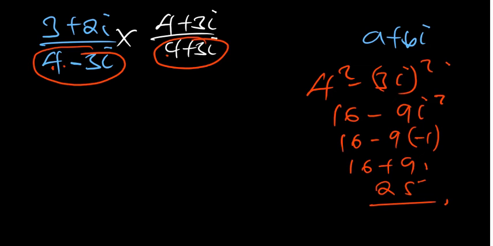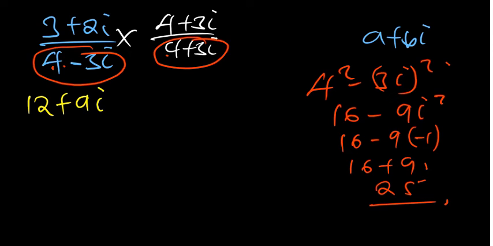So we're going to start now. 3 times 4, I'm doing this times this. Let me use a different color. This times this gives me a 12. Then 3 times 3i, I'm going to end up getting plus 9i.